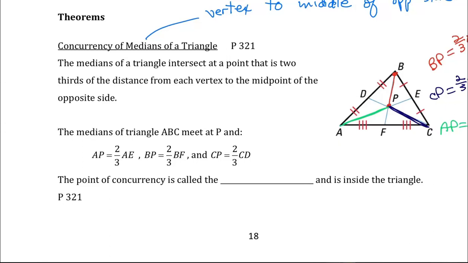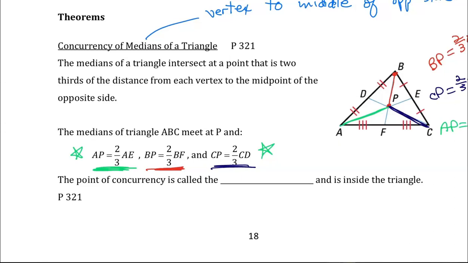AE. I said this here, but I showed you by the colors. Let's match up our colors. This is the green, the BP, that was the red. So that was the red, and that would make the third one the blue.